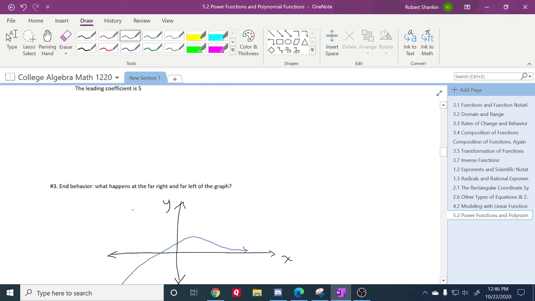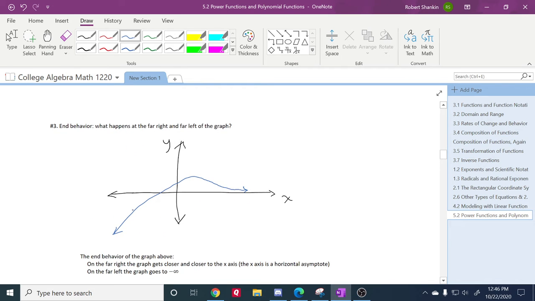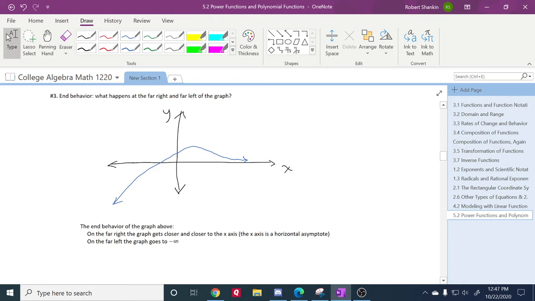All right, we're going to go to end behavior. The end behavior for any function is asking what happens at the far right and far left of the graph of the function. So on this function right up here, we could say the end behavior of the graph above. On the far right, the graph gets closer and closer to the x-axis.